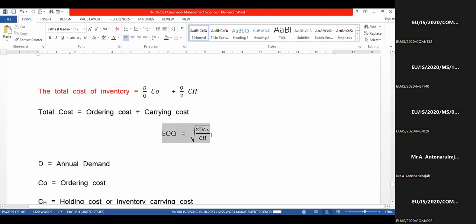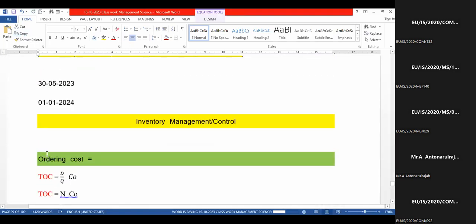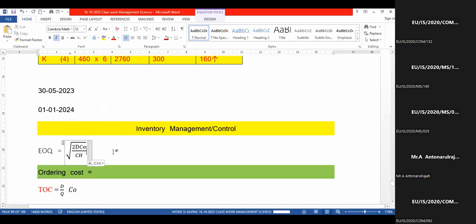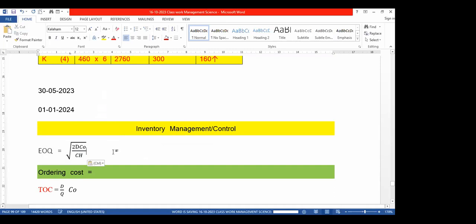This is the equation. Standard inventory EOQ equals square root of 2DCo over CH. Right? These are the standard principles. For some models we have already developed, we can apply them in a similar situation. If the problem is of a repetitive nature, we can apply it.